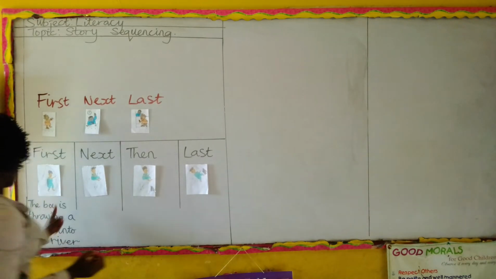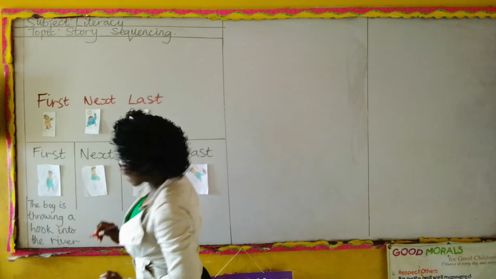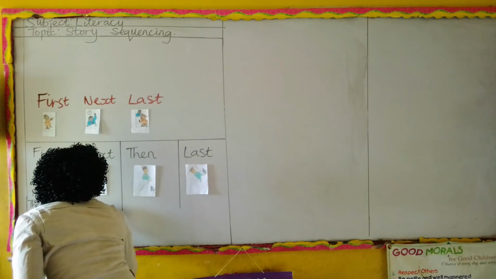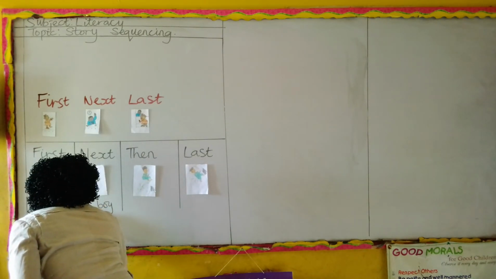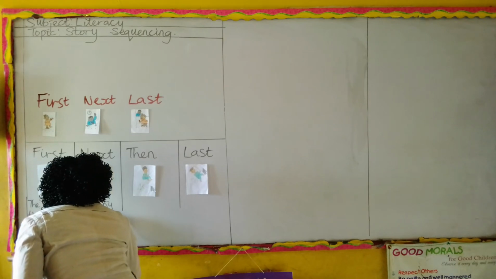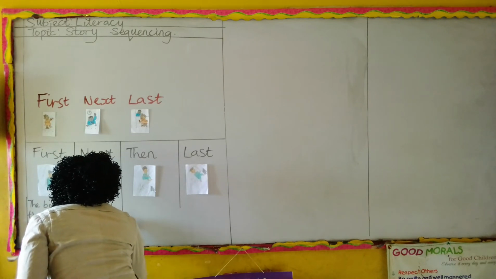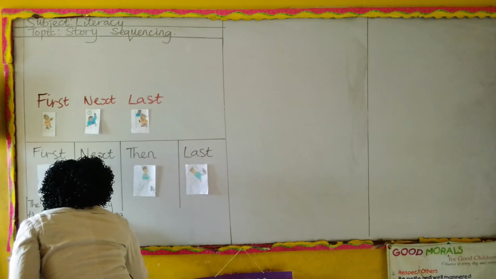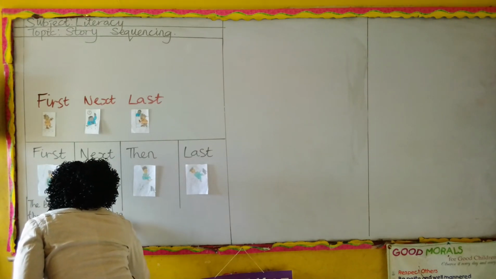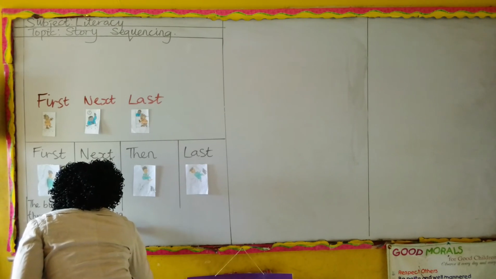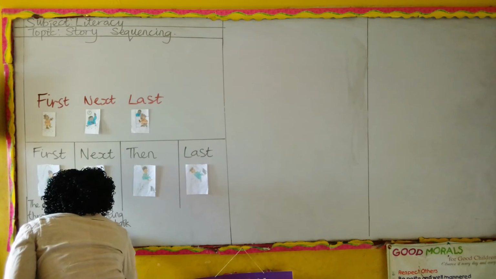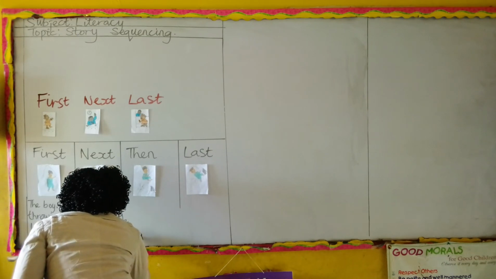Can you see this, darling? So that's the first picture. The next is the boy is waiting for his hook to catch a fish.